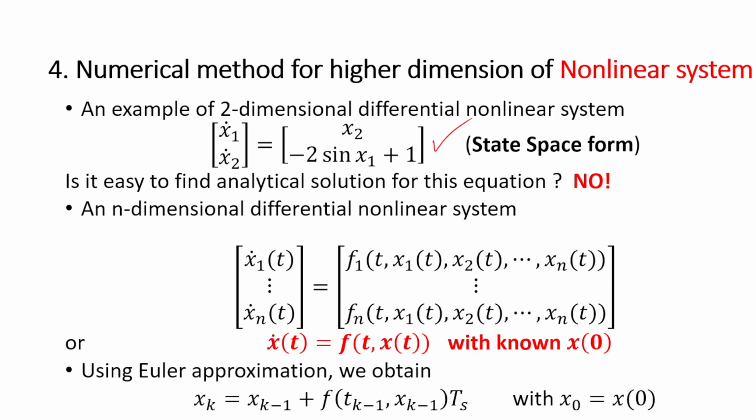To compute a present value, you just need the previous value plus the previous value put into the right hand side function times the sample time. And the smaller the sample time you choose, the more accurate the solution you have.